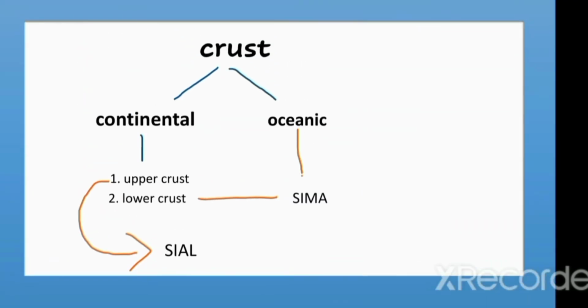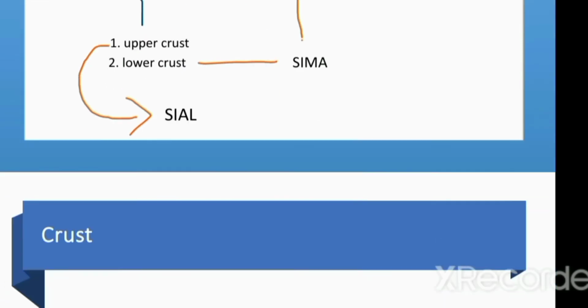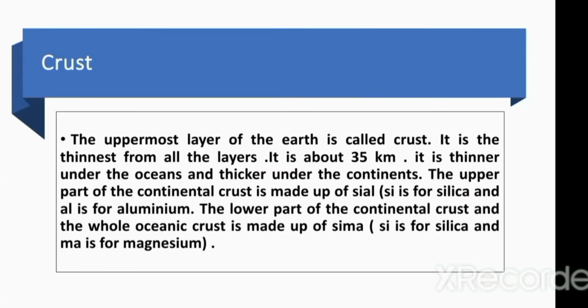Here, as you can see, the upper crust of the continental crust is made up of sial, and the lower crust and the whole oceanic crust are made up of sima, silica and magnesium. Now let's learn about the mantle, the second layer of the Earth.